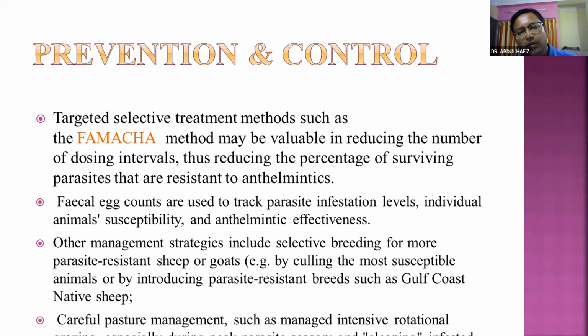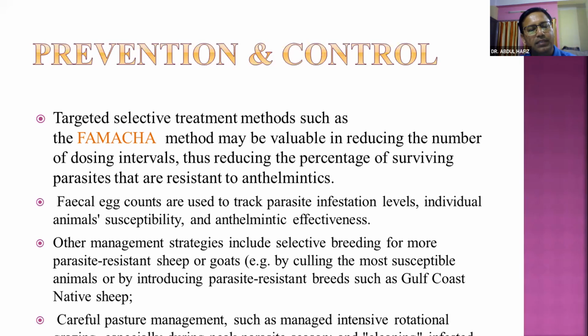Prevention. Prevention is the main thing. Here I have to discuss FAMACHA. FAMACHA was developed by a South African scientist, Malan, through which we can diagnose the degree of anemia. Why am I telling this, sir?